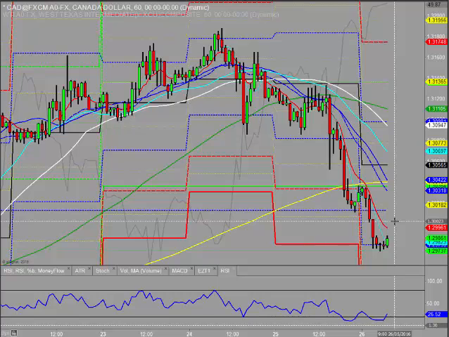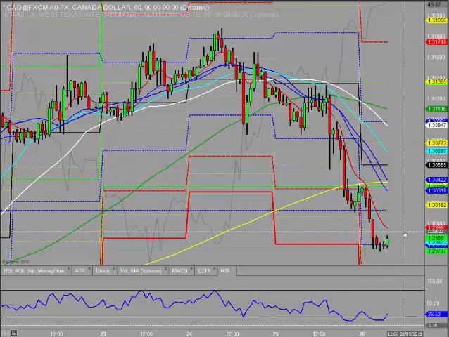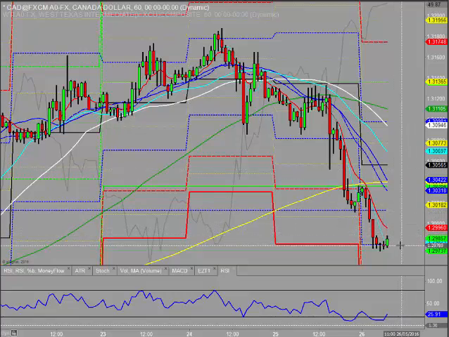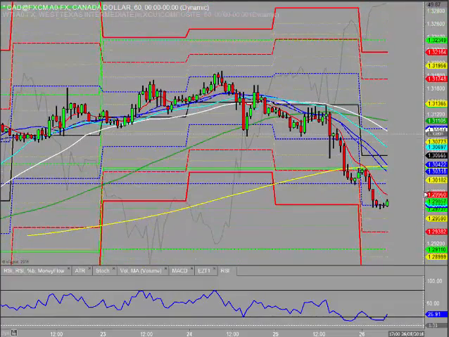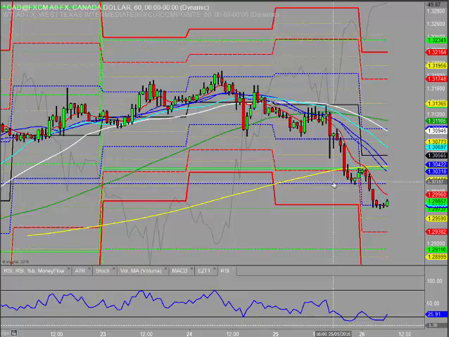So we'll see how it reacts. Untouched pivot, so there is the possibility it could come back, but again, it's already hit its S1. Maybe we could just see a continuation if oil carries on pushing through.